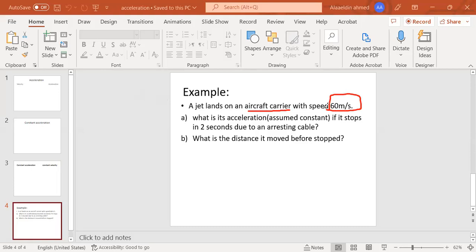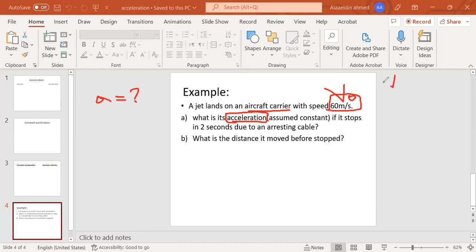The known variables: the first thing we have is the speed, 60 meters per second, which is the initial velocity, v naught. What is its acceleration? The second step is to identify what we need. We need here the acceleration. A is required to find.